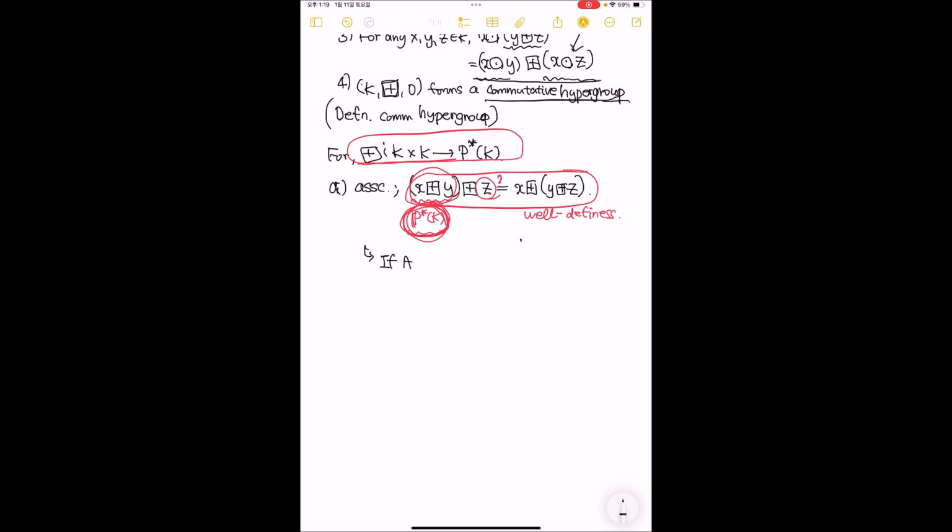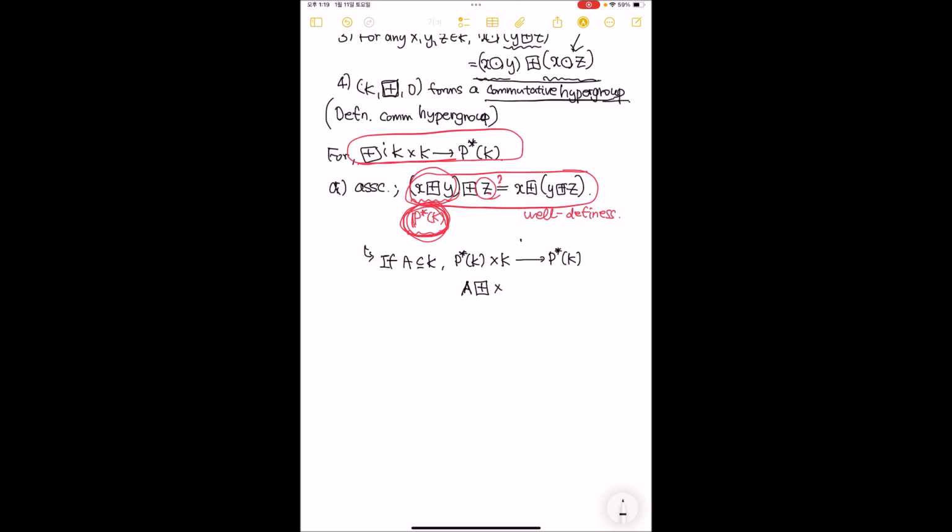If A lives in K, define that as a subset of, anyway, the power set of K.